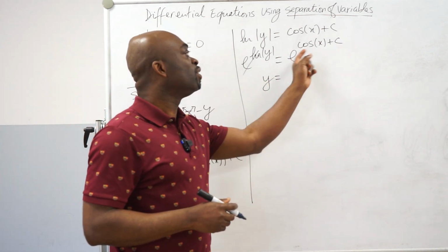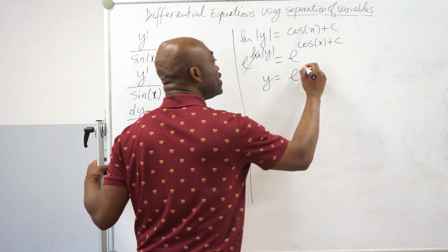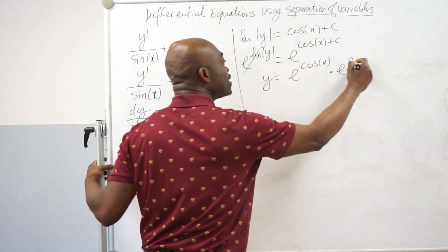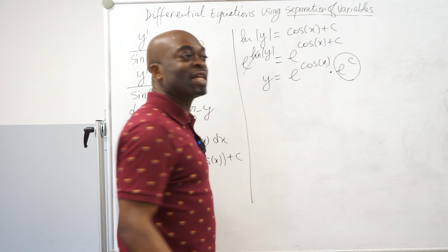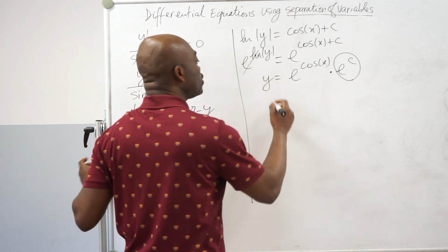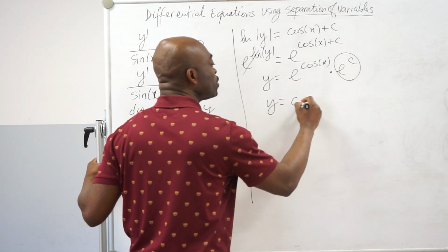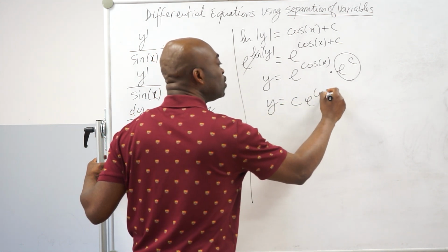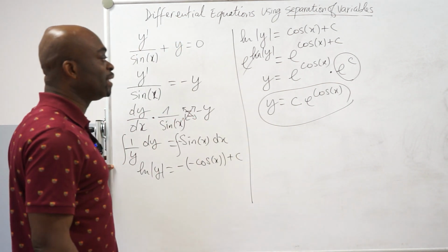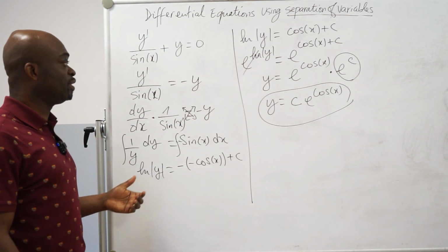This gives us exponential cosine of x times exponential c, correct? And the exponential c is the same thing as c. So we have y equals c exponential cosine of x. And this, ladies and gentlemen, is your final answer in this case.